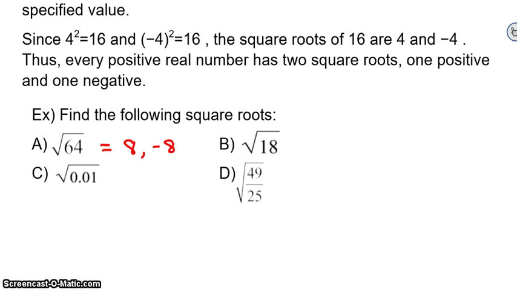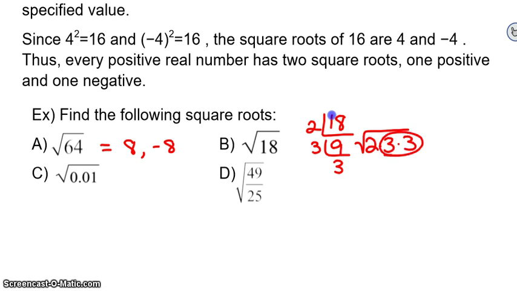For part B, this is review from a skill we learned a few days ago. The square root of 18 needs simplified, and we do that by first making a product of prime factors. So 2 goes into 18 9 times, 3 goes into 9 3 times, and 3 is prime. And this particular square root has the prime factors of 2 and 3 and 3.